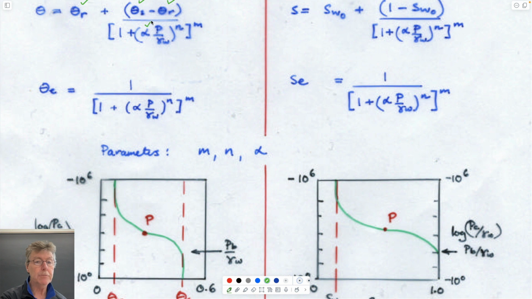This is a property of the porous medium as well, alpha. And all it does is it allows us to link a capillary pressure or a matrix potential, either the pressure or the matrix potential, the whole thing, to whatever the volumetric moisture content would be. So we're linking volumetric moisture content to pressure, pressure on the vertical axis, volumetric moisture content at the bottom, or the same in terms of saturation.